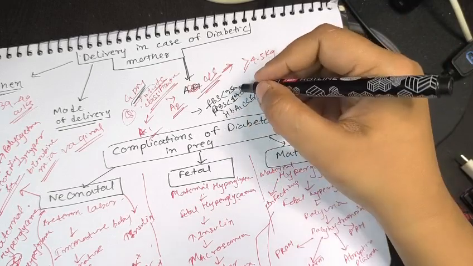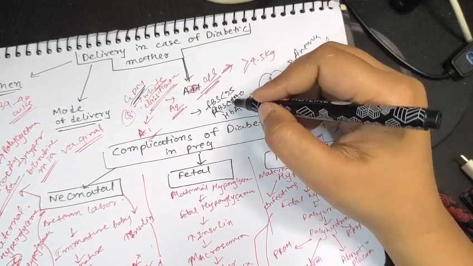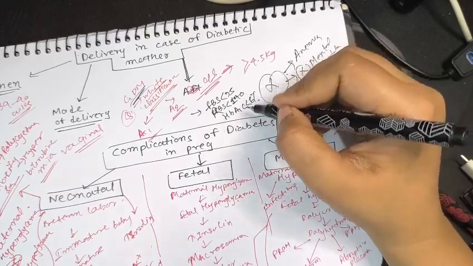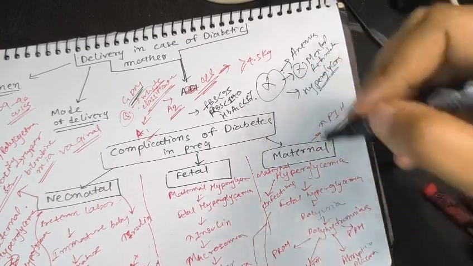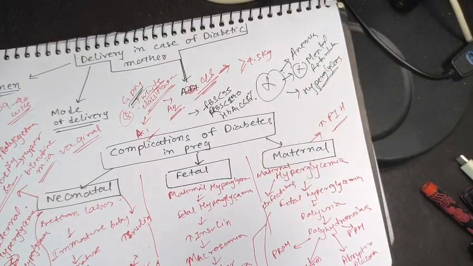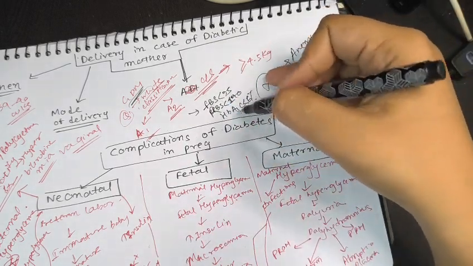In case of overt diabetes, I have discussed that FBS will be more than 126, RBS more than 200, and HbA1c more than 6.5%. But in the case of a gestational diabetic mother, the range should be set between this, that you should maintain.